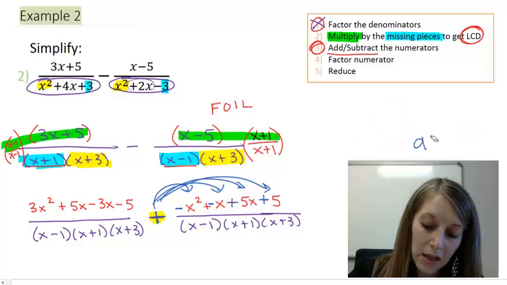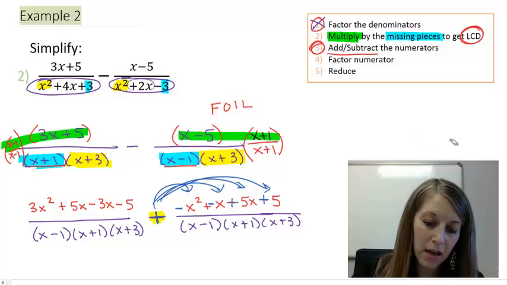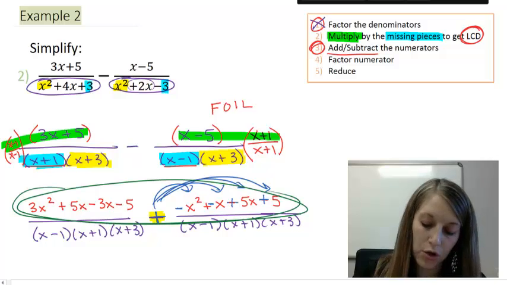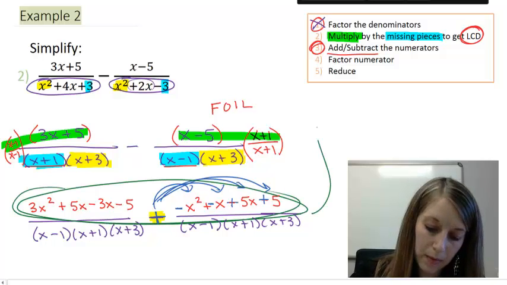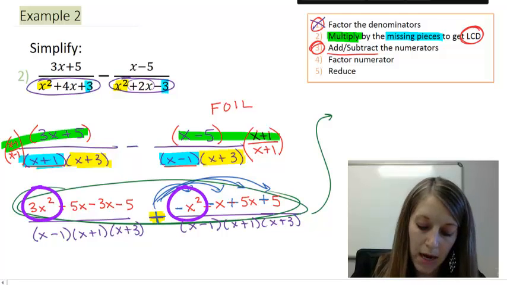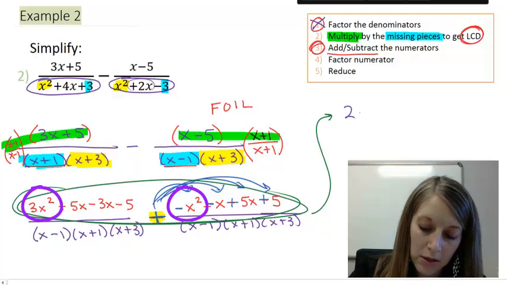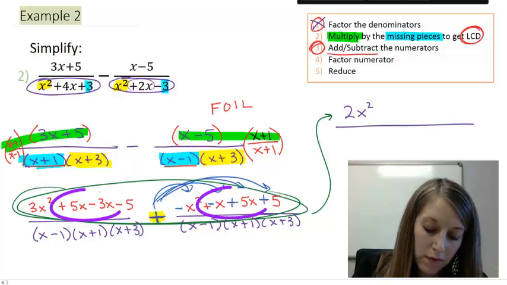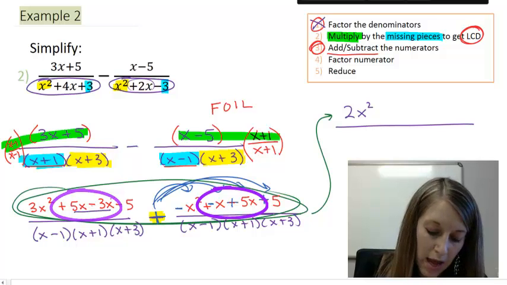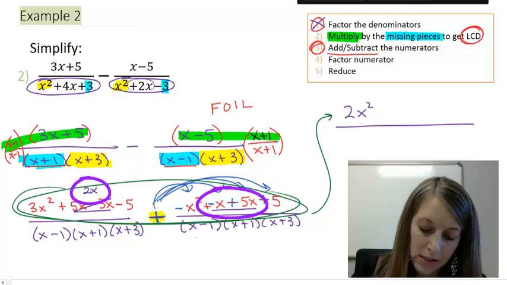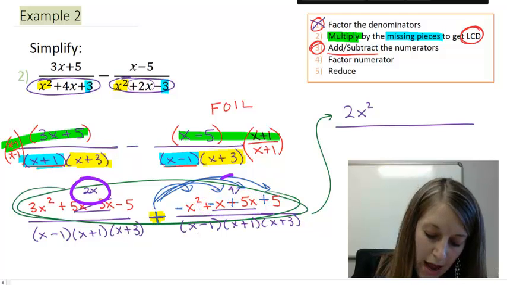So finally, I can add my numerators. I can put my numerators together. So 3x squared minus x squared gives me a 2x squared. And all of these x's I can put together. So 5x minus 3x gives me a 2x. And negative x plus 5x was a 4x.